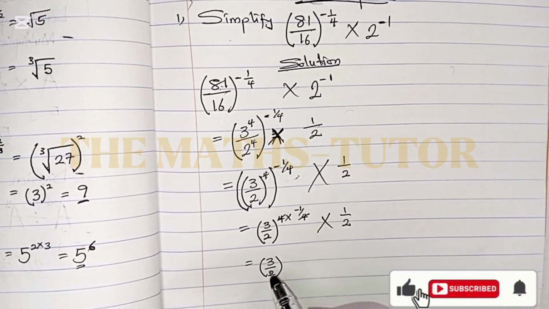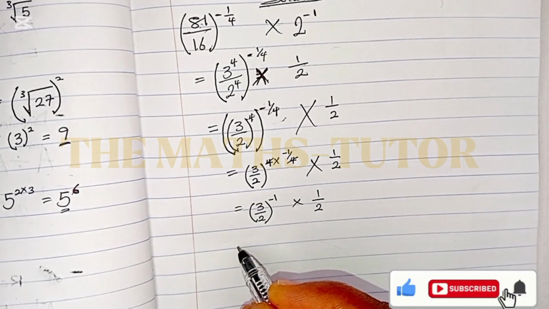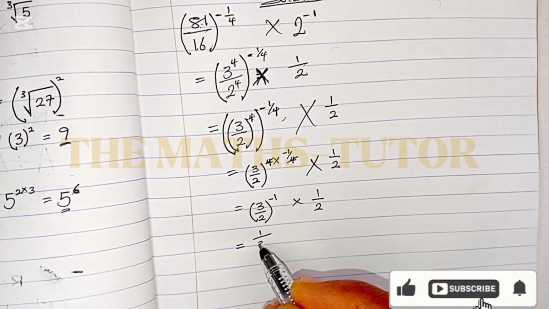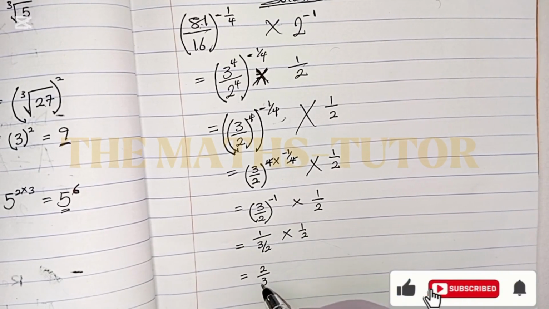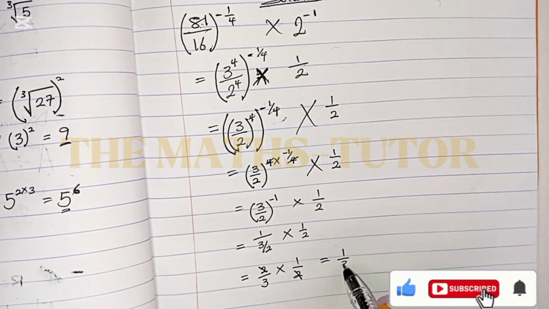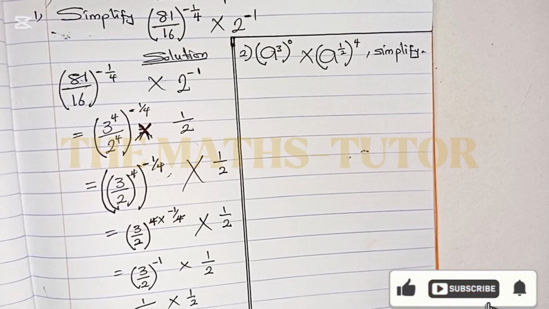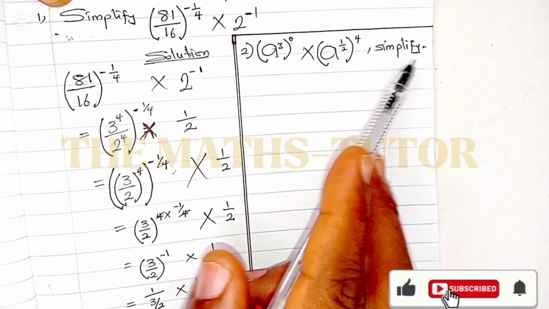So taking out 4, we are left with 3 over 2 raised to the power minus 1, to which, going by the law of negative index, will be 1 over 3 over 2, and that will give us the reciprocal, which will be 2 over 3. Multiplying that by half, we get 1 over 3.